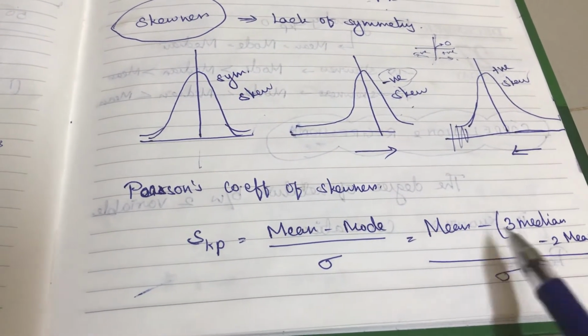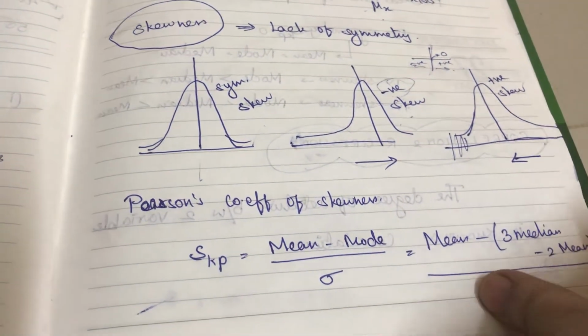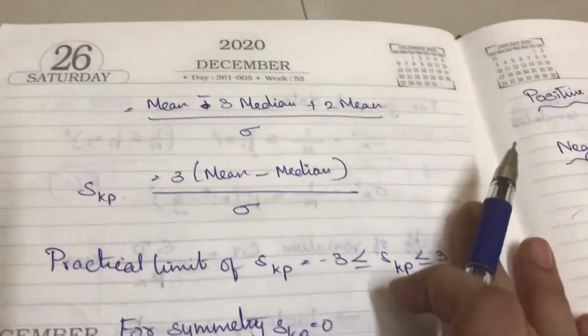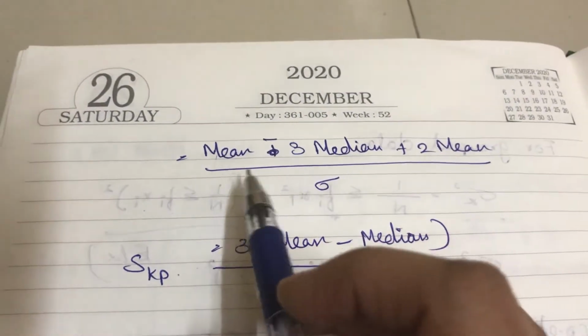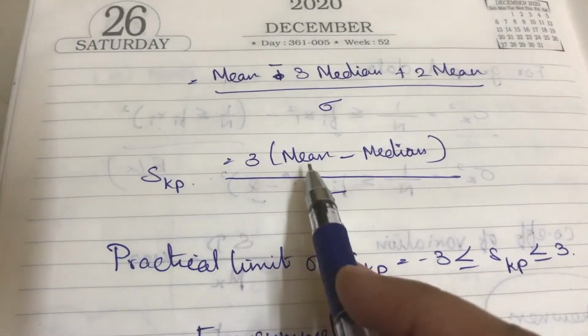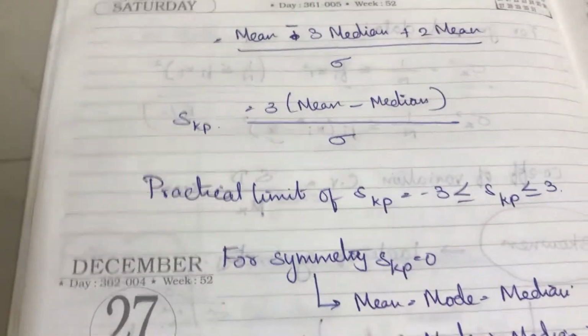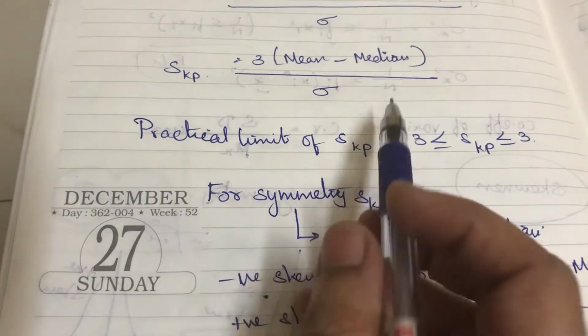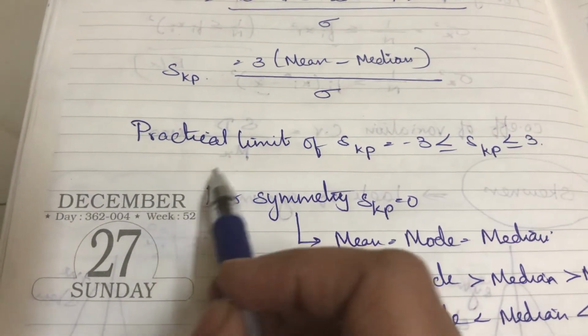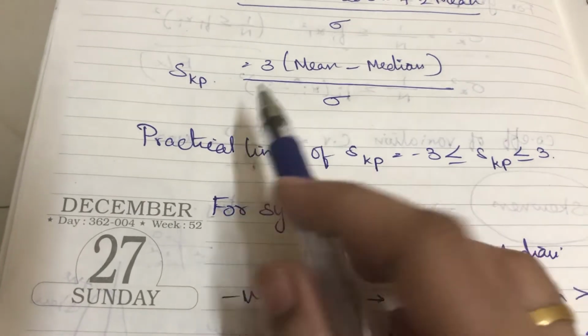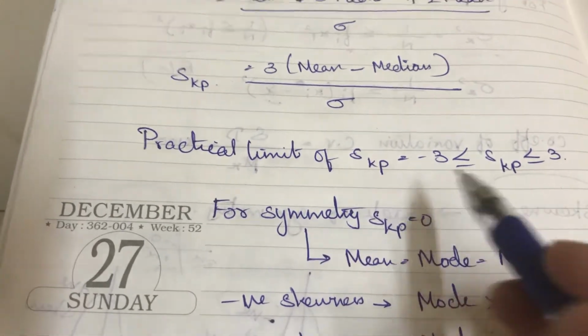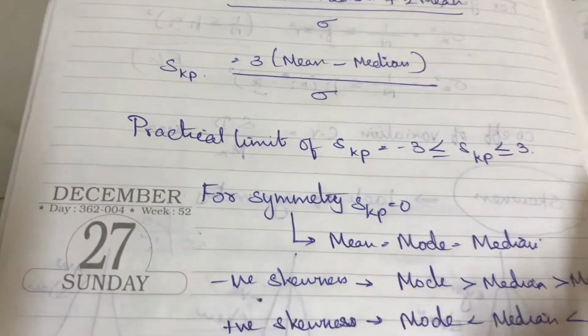So 3 times mean minus 3 times median will be the answer for the Pearson coefficient. So Pearson coefficient will be 3 times mean minus median. So this is the formula. Then the practical limit of this Pearson coefficient will be minus 3 to 3.